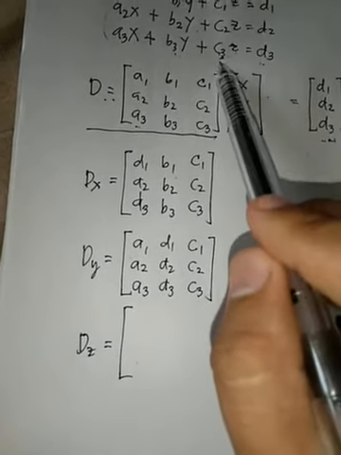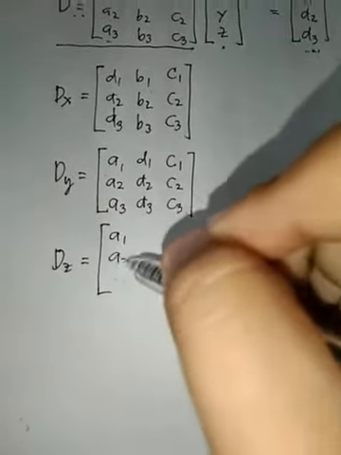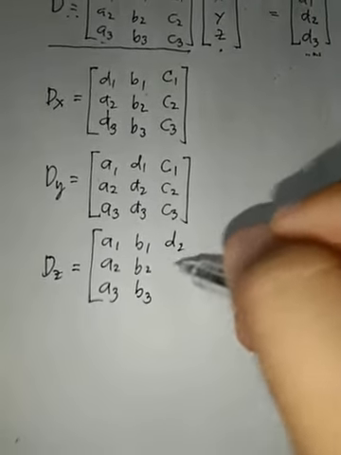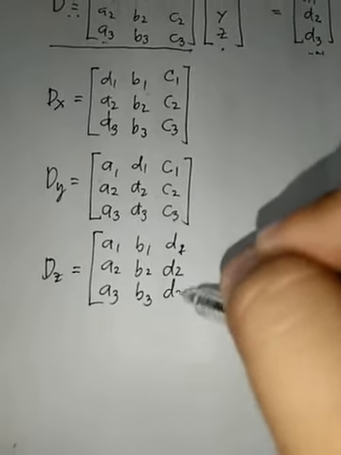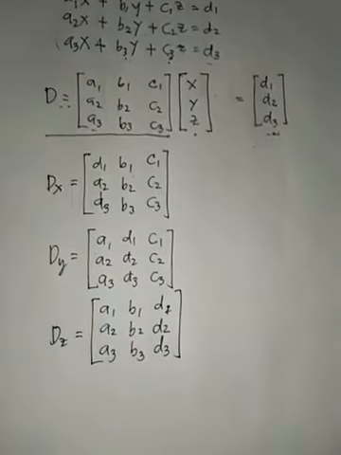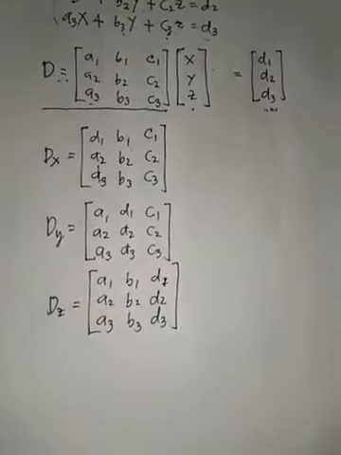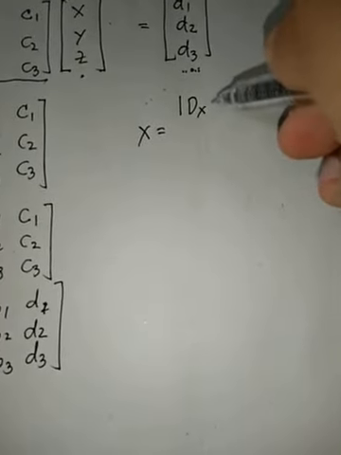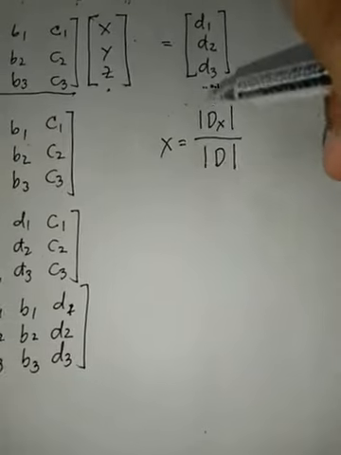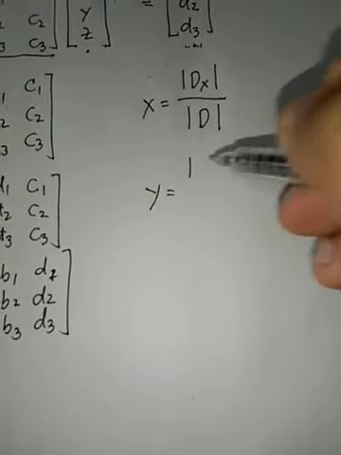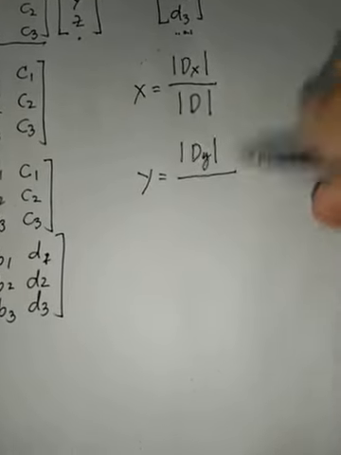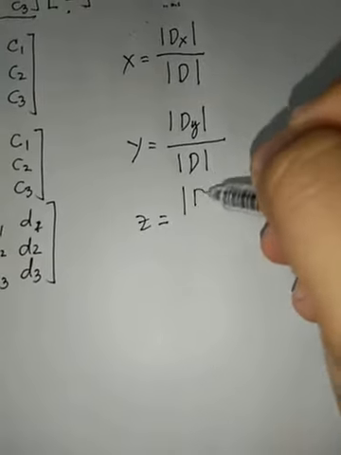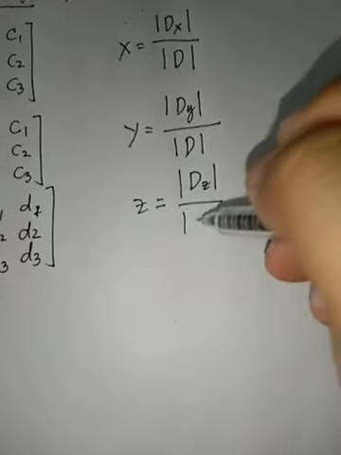So we replace this: a1, a2, a3, b1, b2, b3 stay as is, and instead of c1, c2, c3, it becomes d1, d2, and d3. The formula for x is the determinant of DX over the determinant of D. The y is the determinant of DY over the determinant of D. The z is the determinant of DZ over the determinant of D.